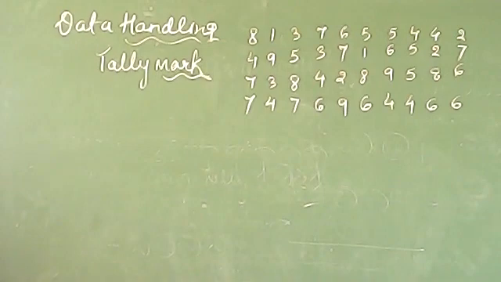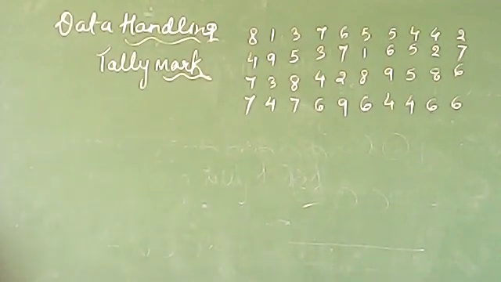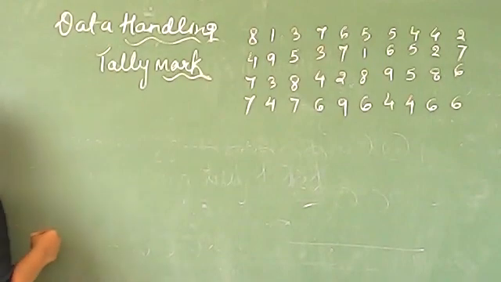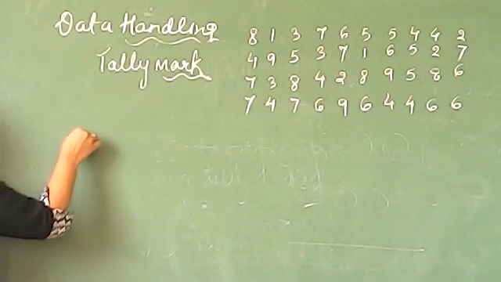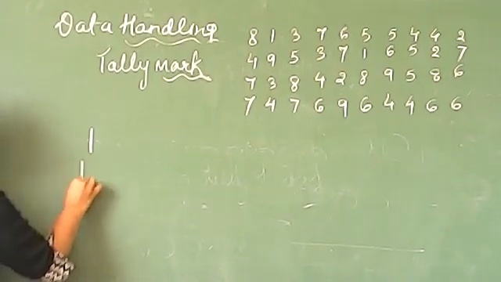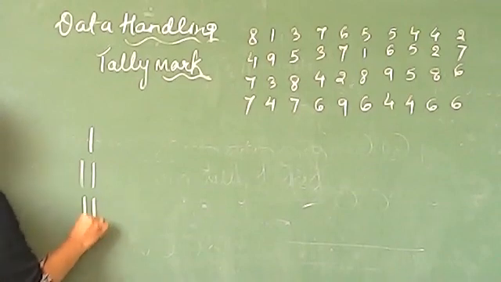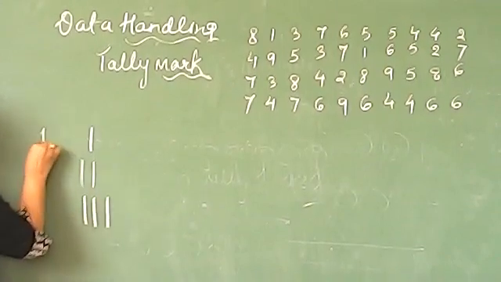So let us first understand what a telemark is. Always remember, in a telemark we write numbers in another form. Observe it. If we have to write 1, we write it like this. For 2, we write it like this. For 3, like this.